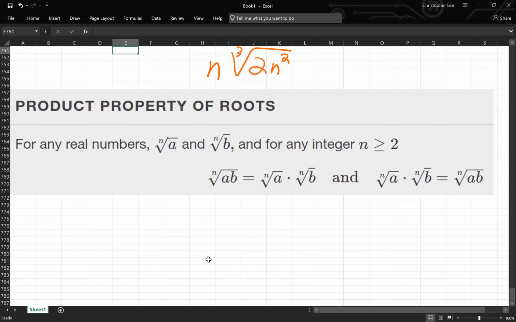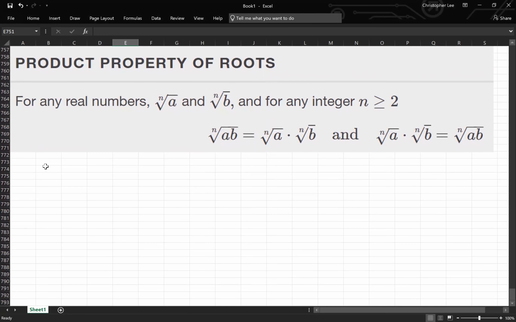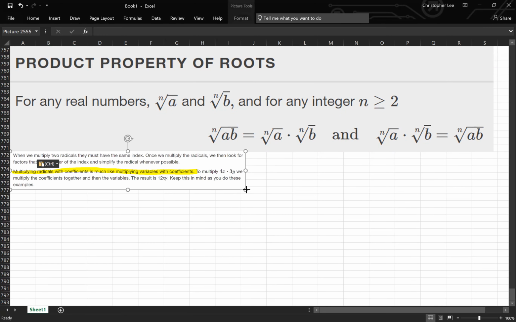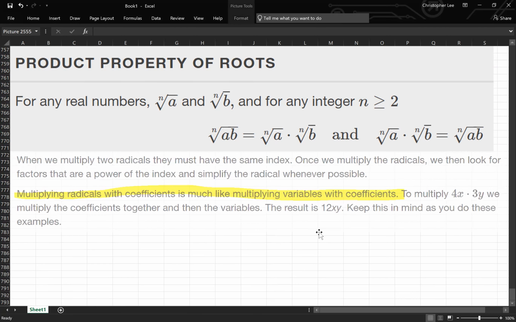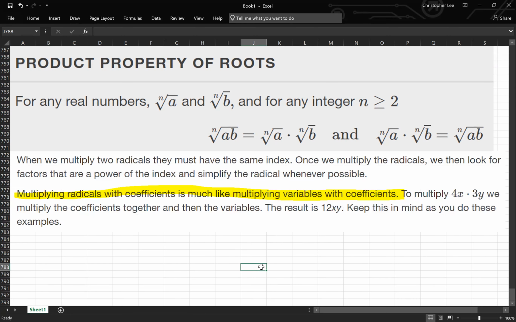That being said, here's what we're getting into. When we multiply two radicals, they must have the same index. Y'all heard me? When we multiply two radicals, they must have the same index.